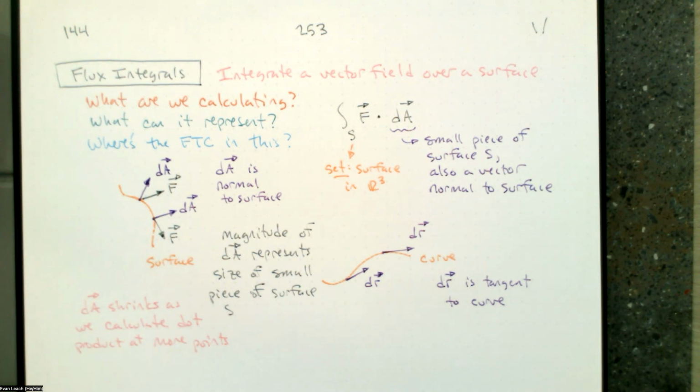This is similar to the vectors that we were using, the vectors that were tangent to the curve. The vectors dr got shorter the more of them we used. So just like in a line integral, the magnitude of the dr gets smaller as we break the curve into more tangents.